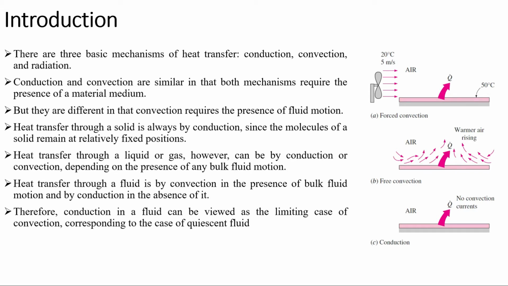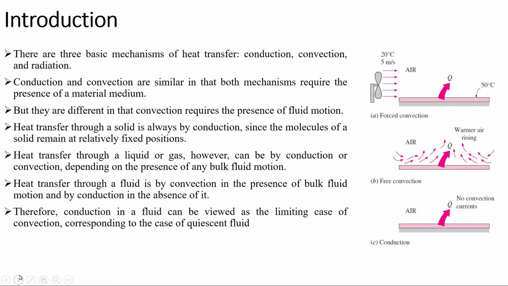Heat transfer through convection will occur when there is conduction plus bulk fluid motion. If there is a fluid in motion, then the heat transfer mode will be convection, not conduction. And convection consists of conduction plus bulk fluid motion, which is also known as advection.